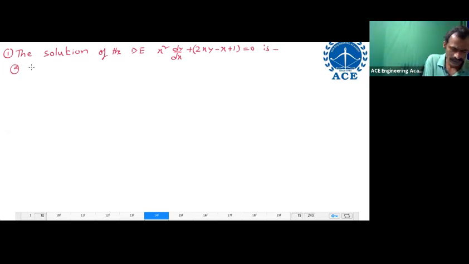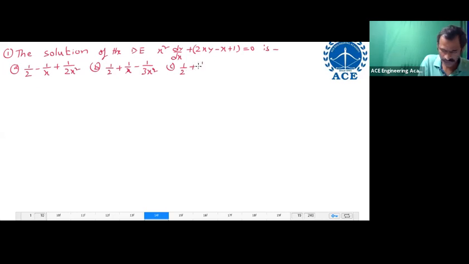option A, 1 by 2 minus 1 by x plus 1 by 2x square. Option B, 1 by 2 plus 1 by x minus 1 by 3x square. Option C, 1 by 2 plus 1 by x plus 1 by 2x square. Option D, minus 1 by 2 plus 1 by x minus 1 by 2x square.